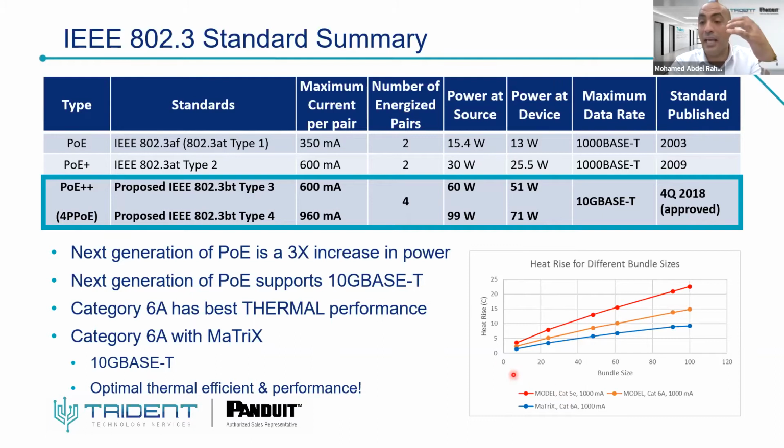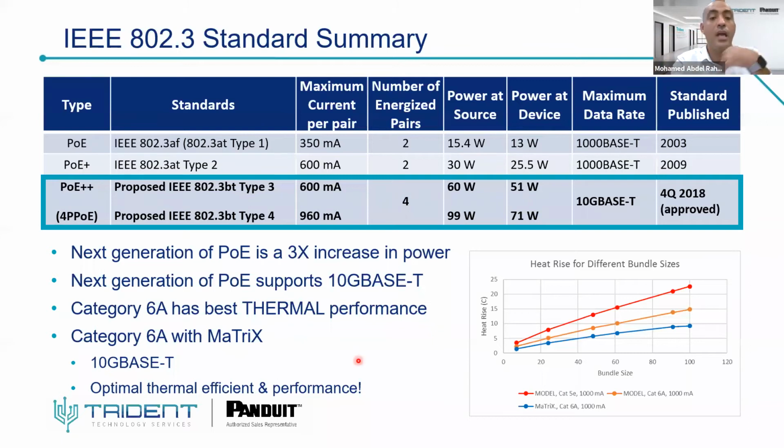As you can see, the wrap foil can go around the 4 pairs and increase the thermal performance and keep the conductors cool, because the main impact of PoE++ during bundling is the heat.